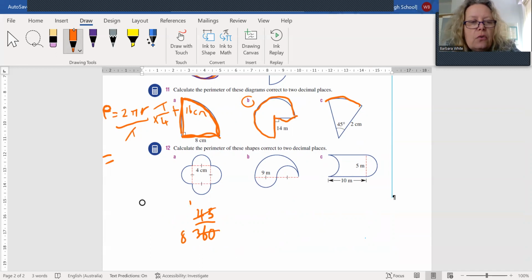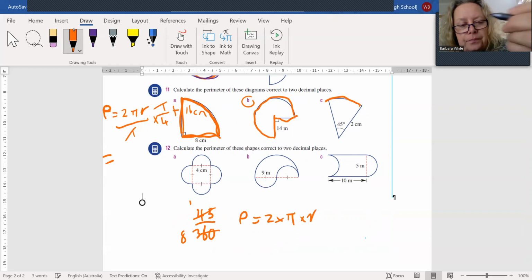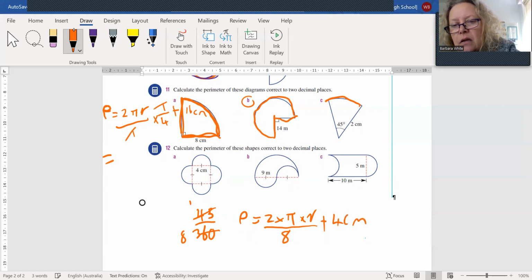That's 1/8 of a circle. So you're going to go perimeter equals 2 times pi times radius times 45 out of 360, times 1 out of 8. Just divide by 8 plus 4 centimetres. 2 there, 2 there.